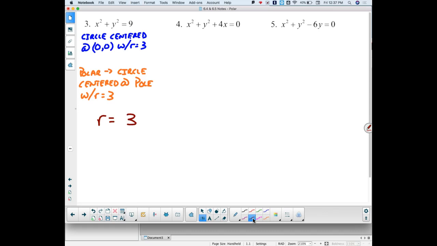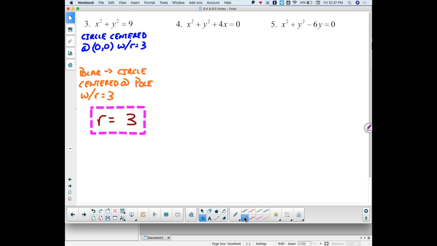Right? Now, let's say that all of that memory stuff, I don't have that. So that means I got to use my toolbox, right? So what tool would I have in my toolbox that has x squared and y squared? Don't be like my first class where they just square rooted both sides and said, well, it's just x plus y equals 3.